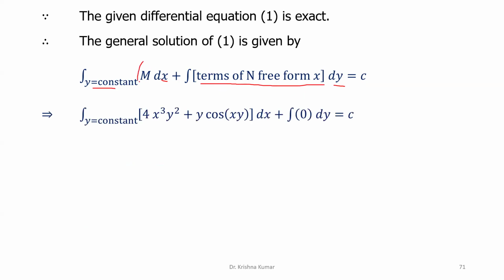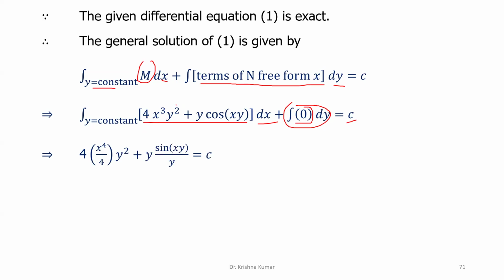M is nothing but 4x³y² + y cos xy with respect to dx. In the other term N, there is no term which is free from x, so it is 0, and the integration of 0 is a constant, which is already mentioned. Now y² is constant, so 4y² is constant, and the integration of x³ is x⁴/4. Since y is constant, the integration of cos xy is sin xy divided by y.